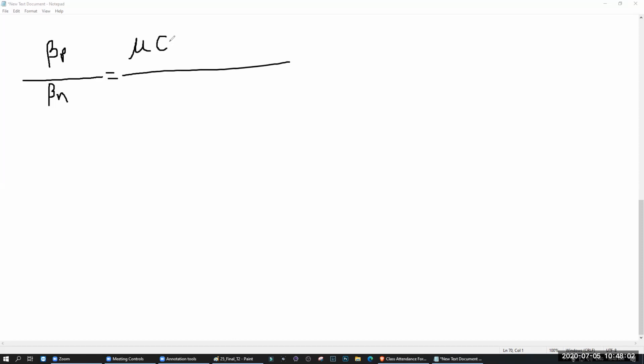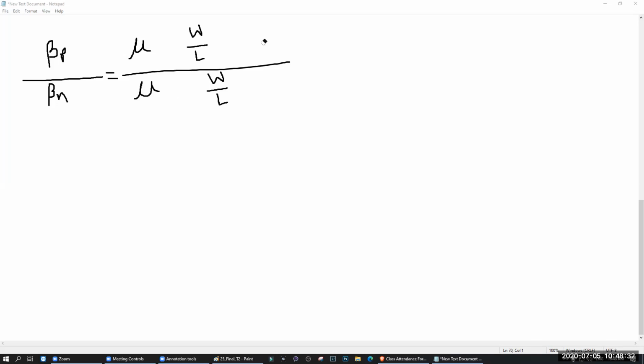Mu COX W by L, right? That was the formula we saw earlier, yesterday. This is also the same, beta P, beta N, with COX W by L. Remember, the COX terms are actually constant. So we can erase those.